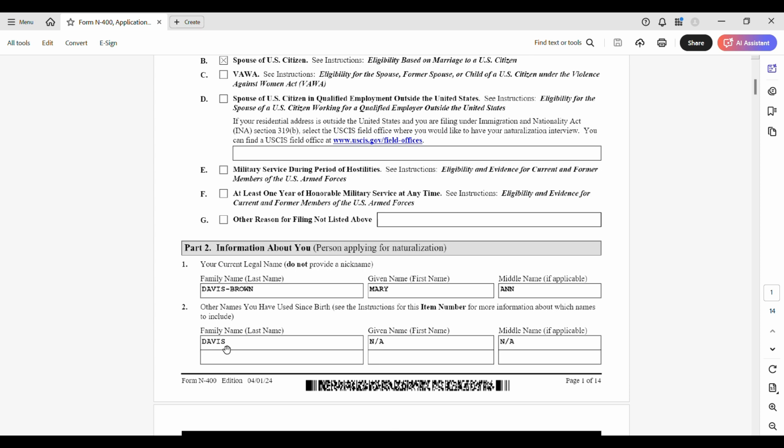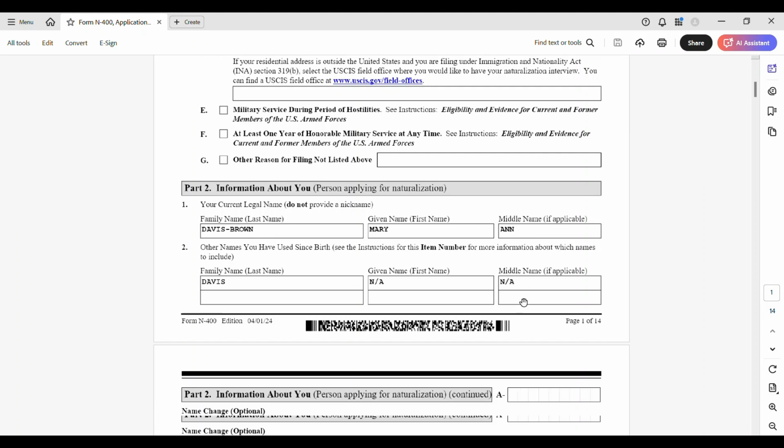So for here, you're going to put your maiden name only, since you were going only by this name prior to being married. In this instance, this applicant was not going by any other first name or middle name. So that means that she always had this first name and middle name.